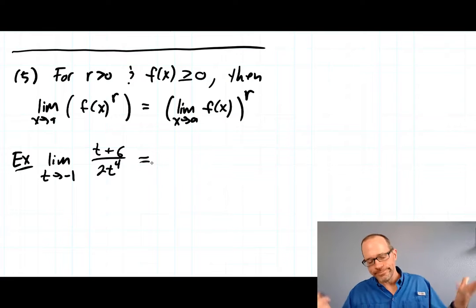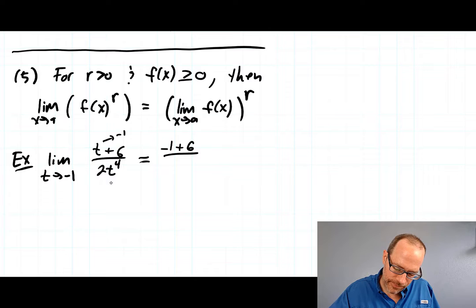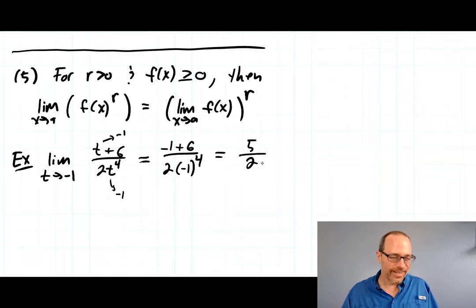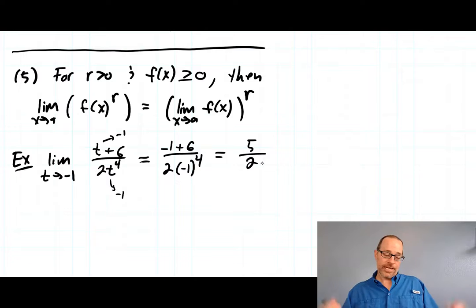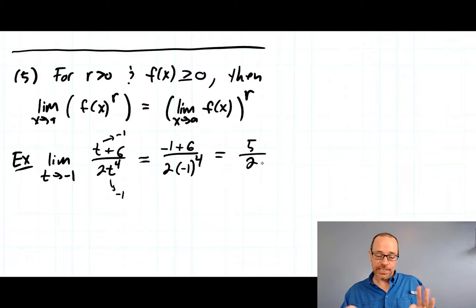Well, t is getting close to minus 1, so the top is just going to be getting close to minus 1 plus 6. And here this t is getting close to minus 1, so the bottom is getting close to 2 times minus 1 to the 4th power. So we get 5 over 2. So that's it. You did this complicated looking limit by just analyzing each piece and seeing where it was going.